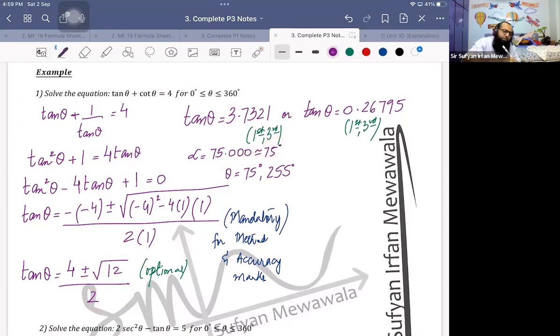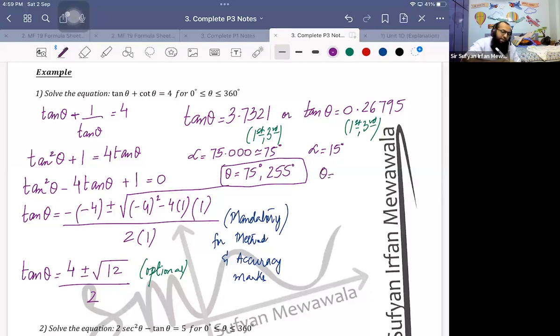So this means over here, the exact integer answers could be given, and those could be 75 degrees and 255 degrees. Then also, if we take tan inverse of 4 minus root 12 upon 2, it is going to be 15 degrees. So the basic angle that we are going to get is 15 degrees exact. If you're going to take 0.26795, then there's going to be a rounding off error.